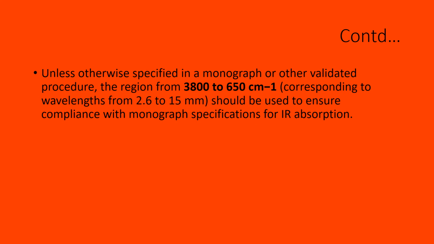Unless otherwise specified in a monograph or other validated procedure, the region from 3800 to 650 cm⁻¹, corresponding to wavelengths of 2.6 to 15 µm, should be used to ensure compliance with the monograph specifications for IR absorption.